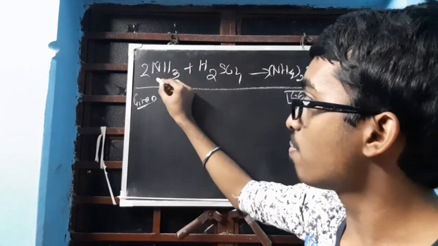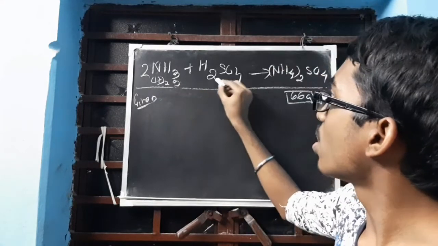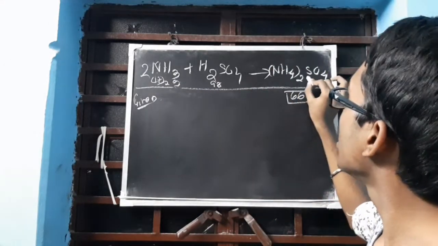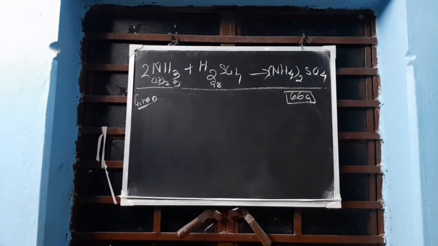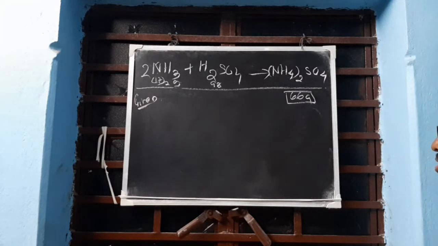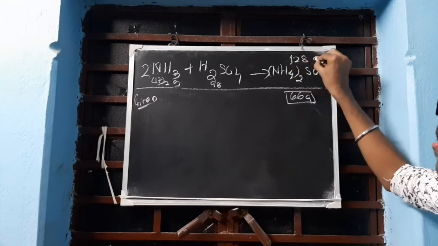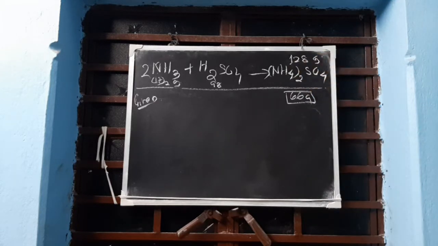Mass of ammonia 14 plus 3 is 17. So this is 17 twice gram. Sulfuric acid is 98 and ammonium sulfate, let's calculate. Nitrogen 28, 8, 36, 32, 128. Okay, 128 gram.